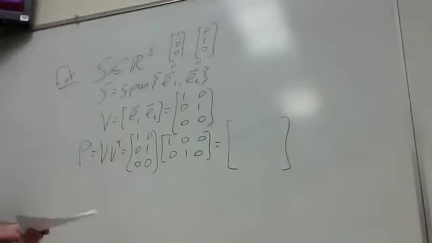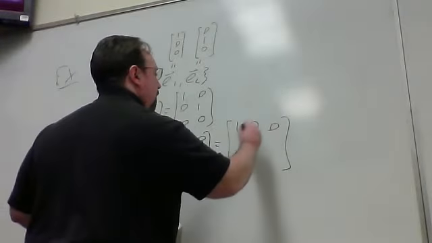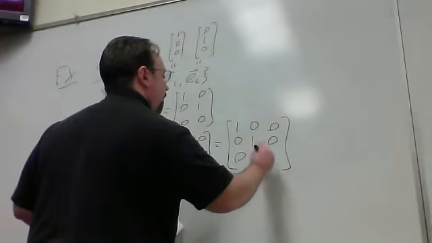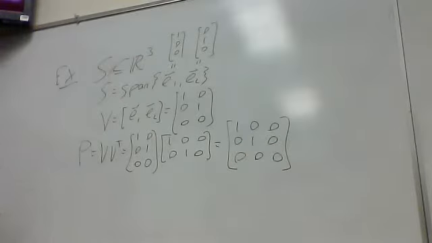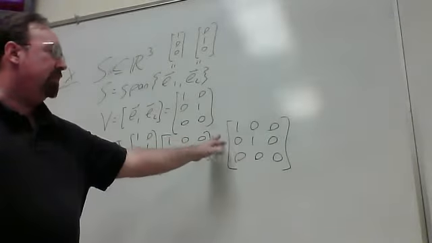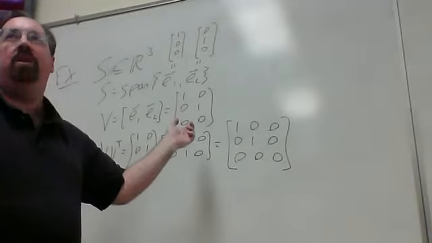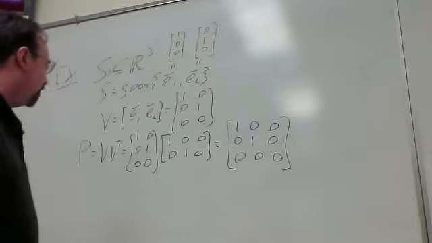It's kind of like an outer product, except now you have 2 columns instead of 1. And what you get is 1, 0, 0, 0, 1, 0, 0, 0, 0. So that is the projection matrix. And what this matrix is going to do, if I multiply it with any vector, is just take the first 2 components and zero out the third one.